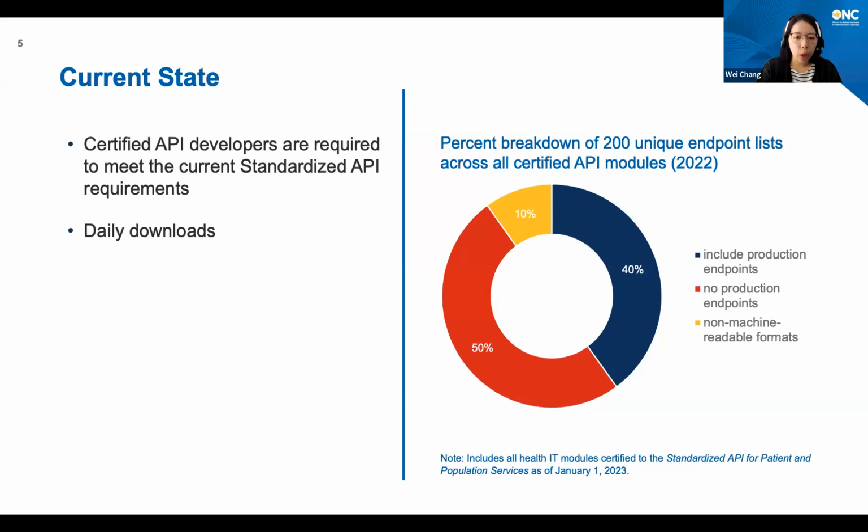And recognizing this challenge, we're striving towards the goal of making FHIR APIs usable without special effort. And one reason effort towards this goal is that we made daily downloads available on Lantern as well as ONC's GitHub page. Next slide.